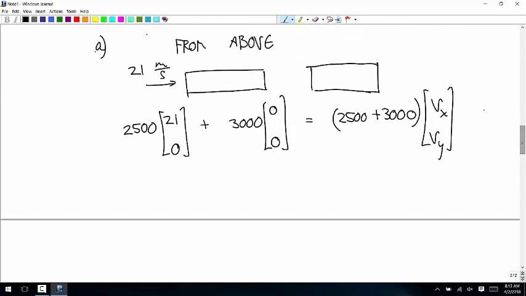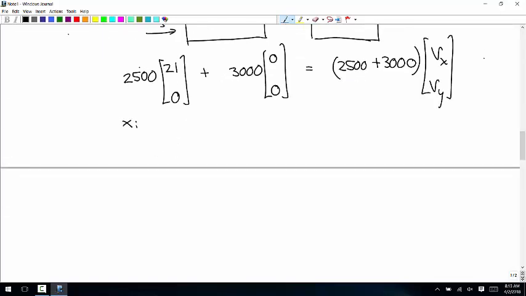And that gives two equations. The x equation says, what's 2,500 times 21? 52,500. Yes. 52,500 kilogram meters per second is equal to 5,500 Vx.